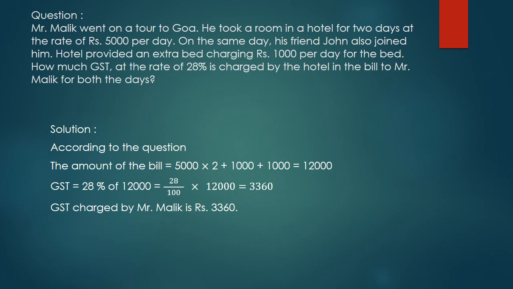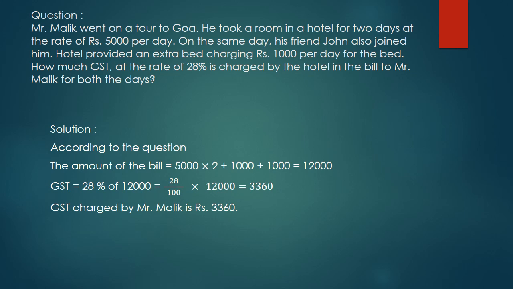Then the total amount of the bill will be equal to 12,000 rupees. Then the rate of GST is given as 28%. So 28% tax will be calculated on 12,000 rupees.